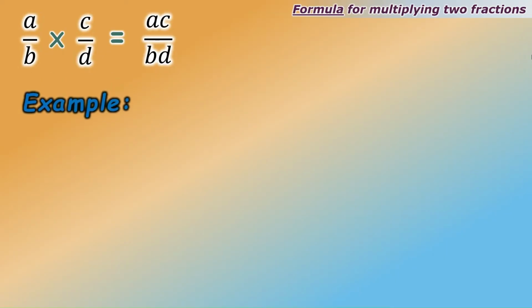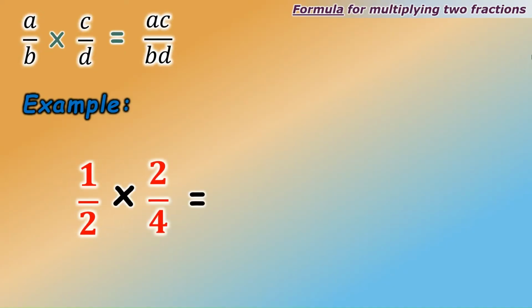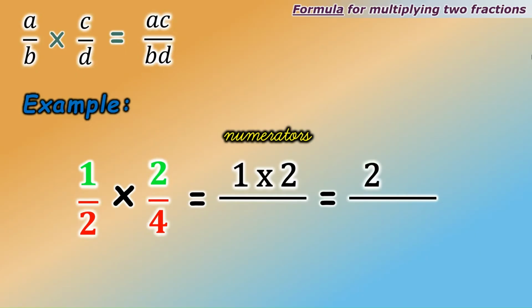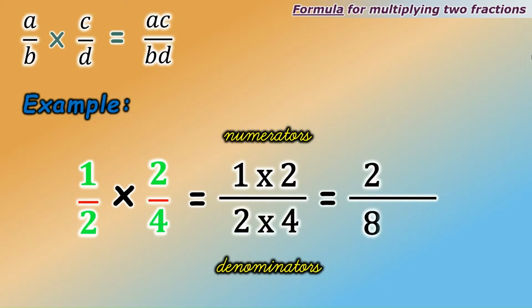Let's try this example. 1/2 times 2/4. First, multiply both numerators, the upper numbers. 1 times 2 equals 2. Second, multiply both denominators, the lower numbers. 2 times 4 equals 8.